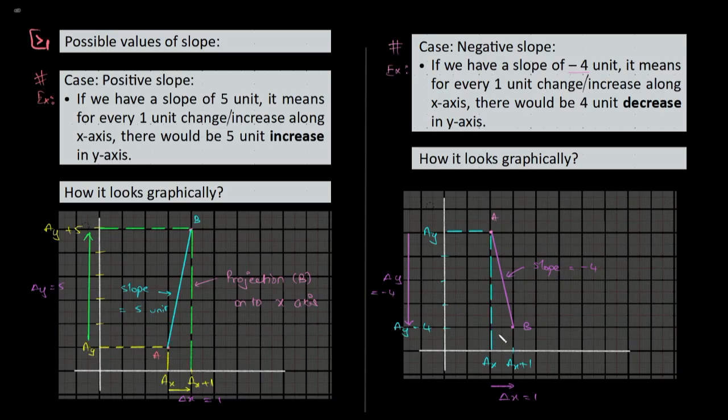So this has a slope of minus 4, and this is your projection of point P onto x and y. Please understand this language as well: projection of point A onto x, projection of point B onto x, projection of point B onto y, and point A onto y.